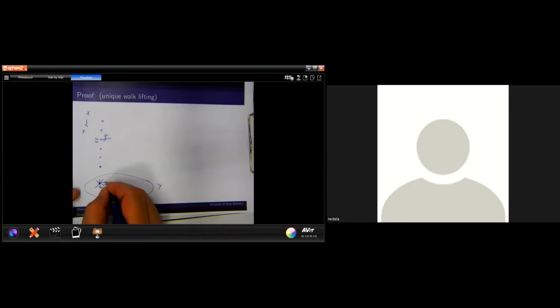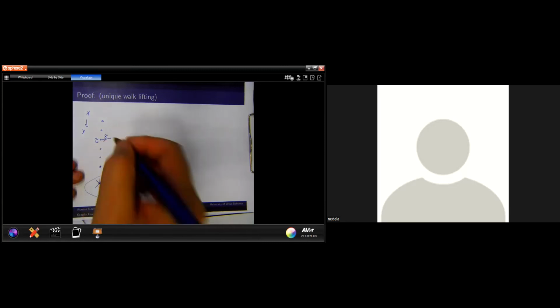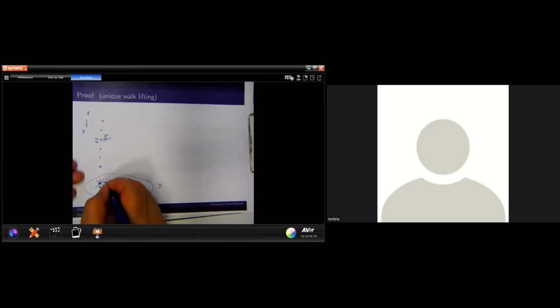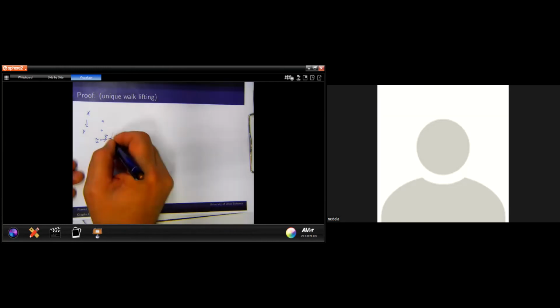But then let's say there are more darts. Then we can extend this idea, because over this vertex, again, the mapping is bijective.